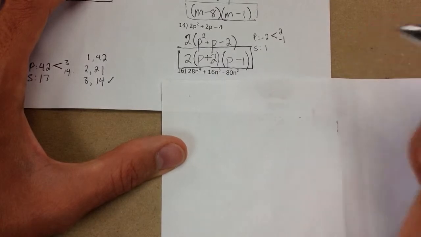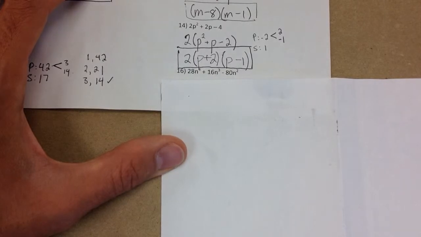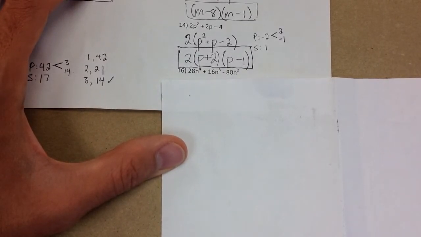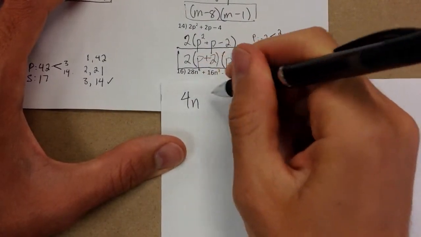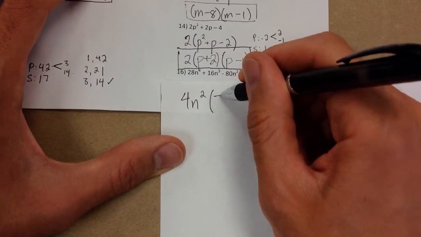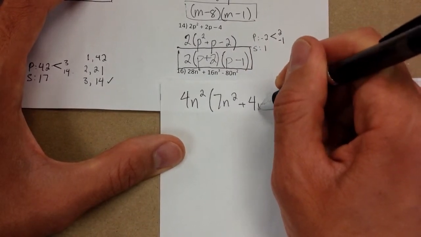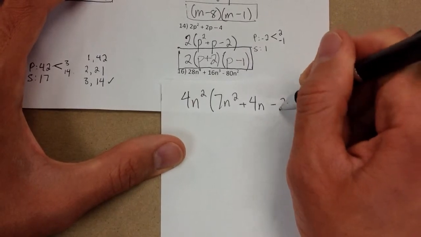There's also a method that involves creating a factor tree and looking for common prime factors, but I won't get into that in this video. So when we factor out 4n squared, we are left with 7n squared plus 4n minus 20.